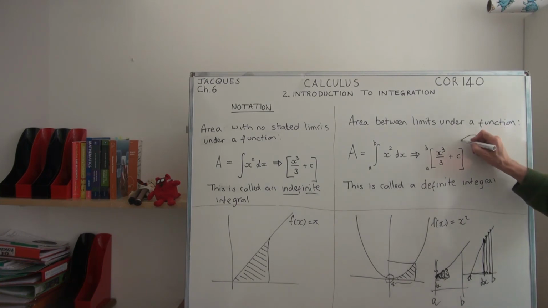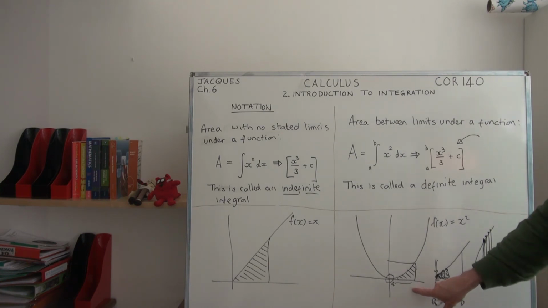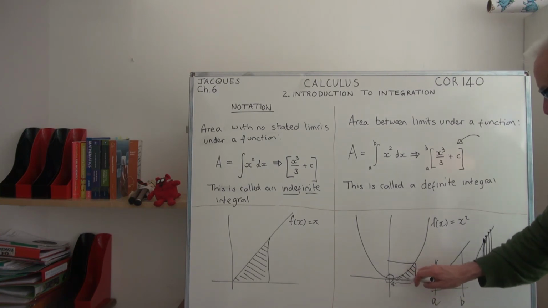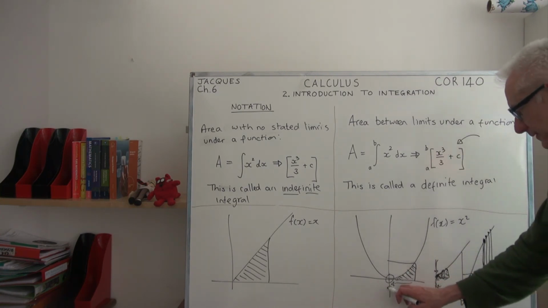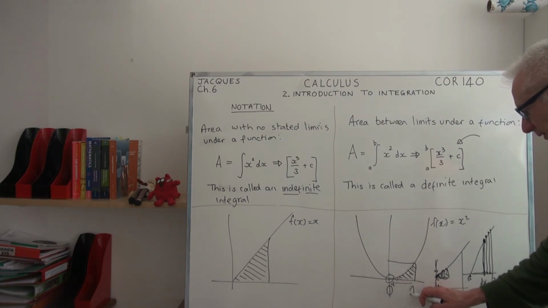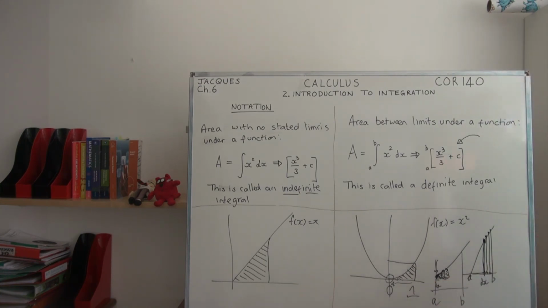The calculation is being done by the antiderivative here. So in the next video we're going to take f of x equals x squared, and we're going to find out what is the area under that curve between the values of 0 and 1.